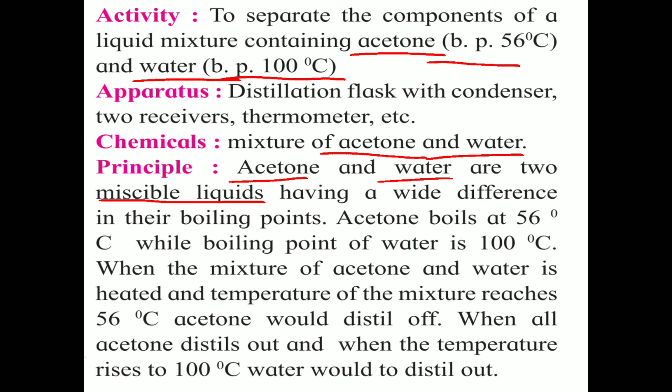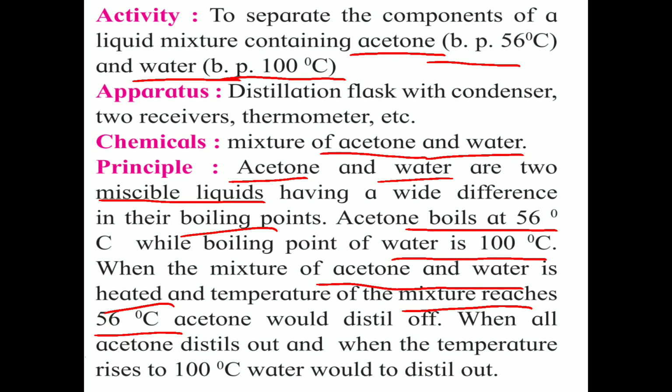They have a wide difference in their boiling points. That means acetone boils at about 56 degrees Celsius, while the boiling point of water, as we all know, is 100 degrees Celsius. When the mixture of acetone and water is heated and the temperature of the mixture reaches 56 degrees Celsius, the acetone will distill off, as acetone has the lower boiling point.